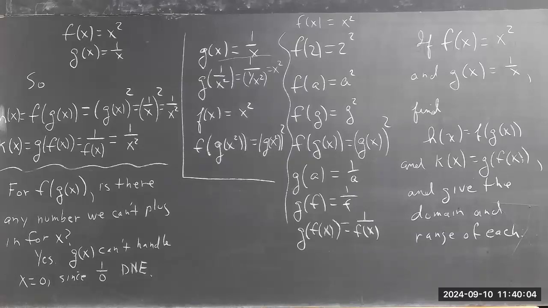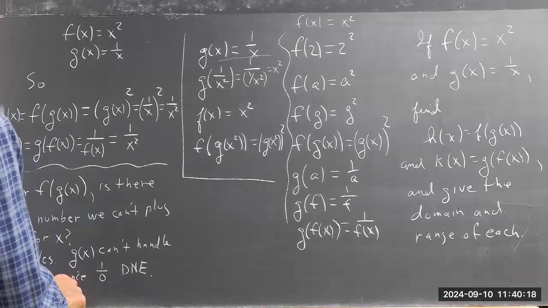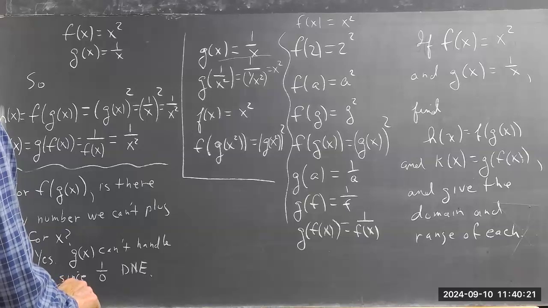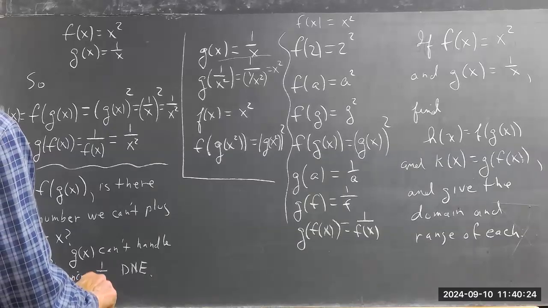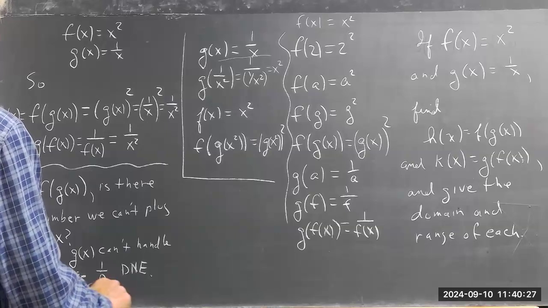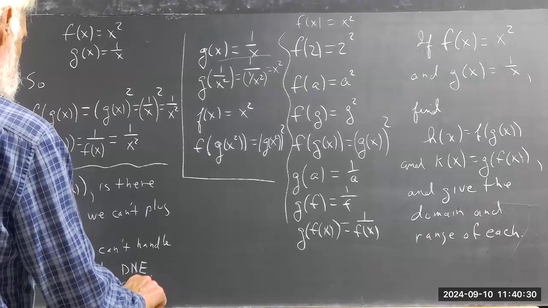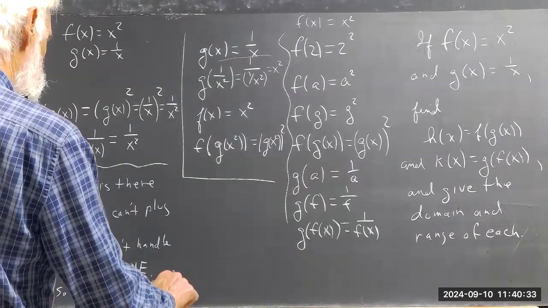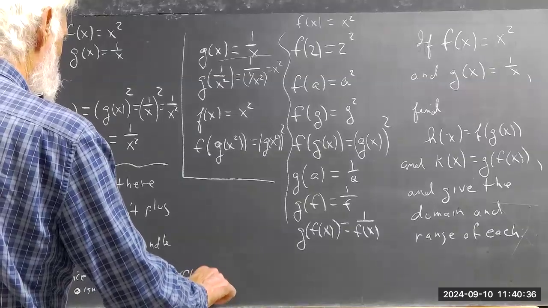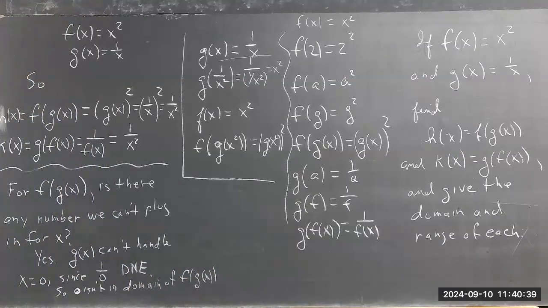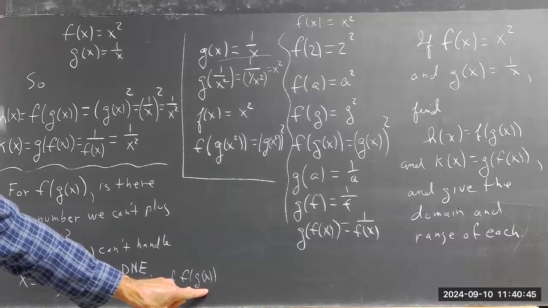Okay, so automatically, since 0 can't go into g of x, 0 is not in the domain. Since it's not in the domain of g of x.